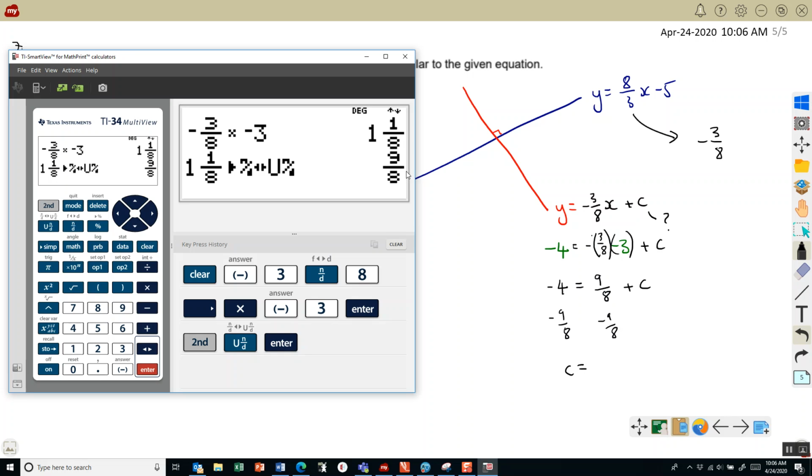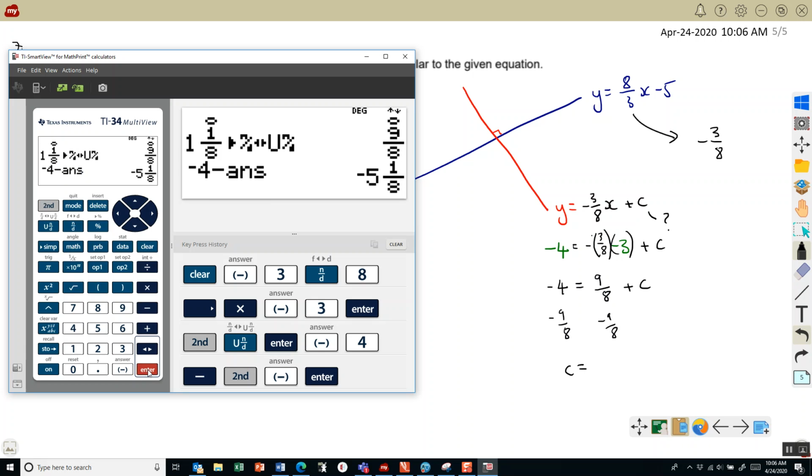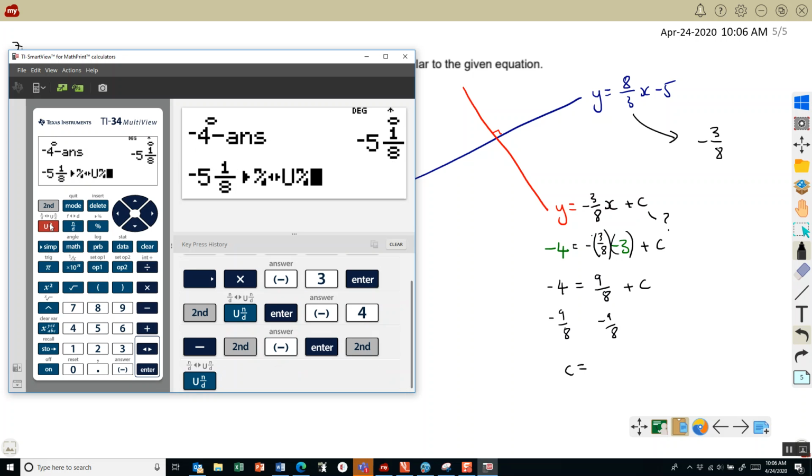It gives me 9 over 8, so positive 9 over 8. And then I'm going to subtract 9 over 8 from both sides. So I've got negative 4, subtract this answer, negative 5 and 1/8, and I can change that back into an improper fraction, negative 41 over 8.